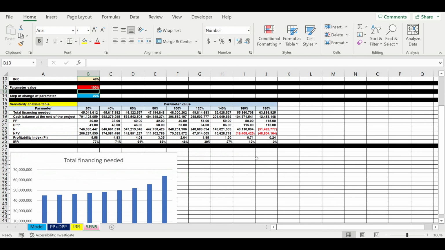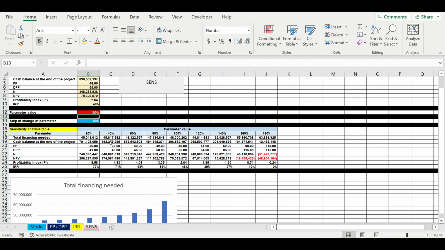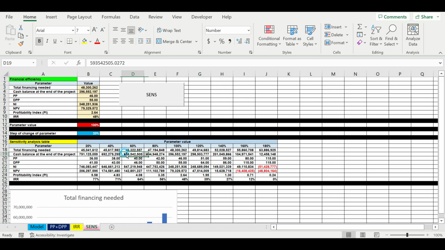Here we can see what will happen to our business idea if these expenses rise or decrease, what will happen with total financing needed, what will happen to simple, discounted payback period, and so on.